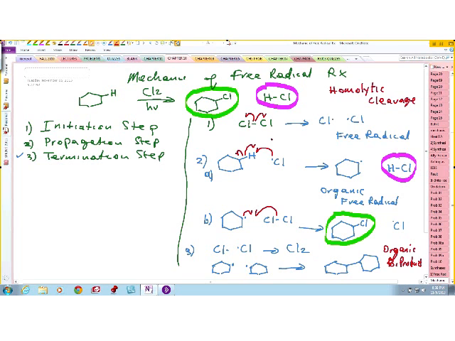What we are showing you here is that those two products are formed at different times in the course of the reaction mechanism. This here is formed at step A of the propagation, and the organic product that we really want is formed at step B of the propagation step. Both of them are not formed at the same time.